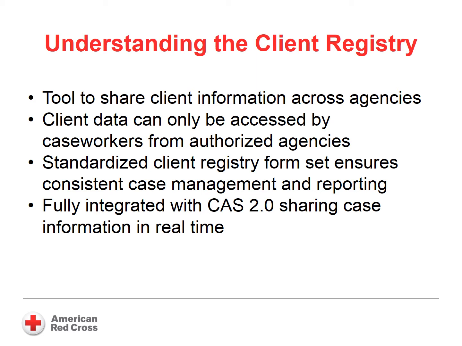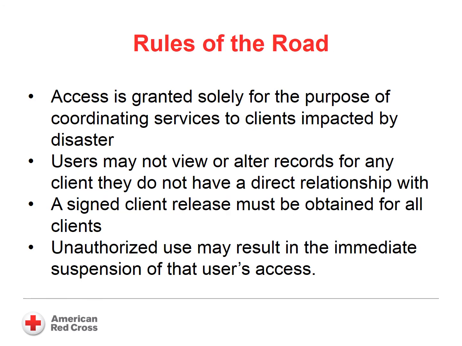The client registry offers real-time access to data and is integrated with the American Red Cross Client Assistance System for sharing in CAN. The Coordinated Assistance Network was designed to provide access by authorized agencies conducting casework for clients of a disaster.